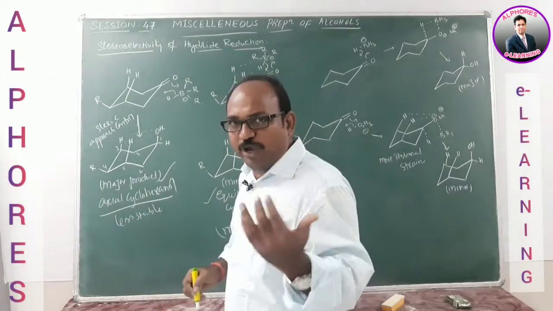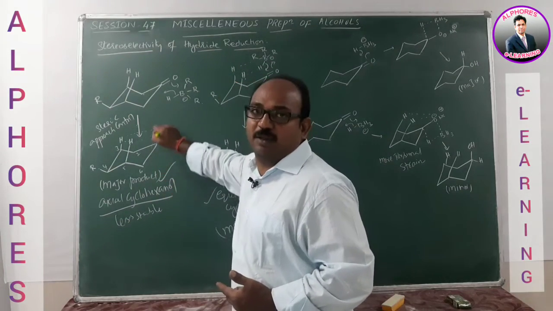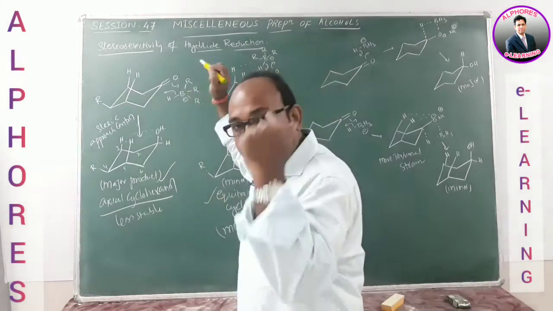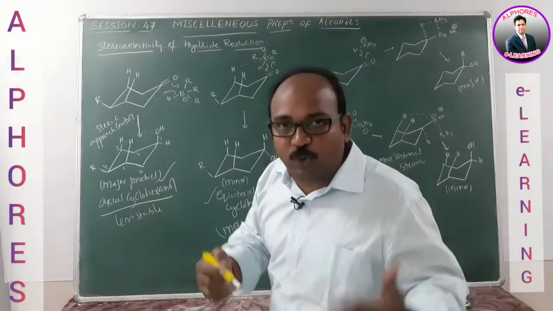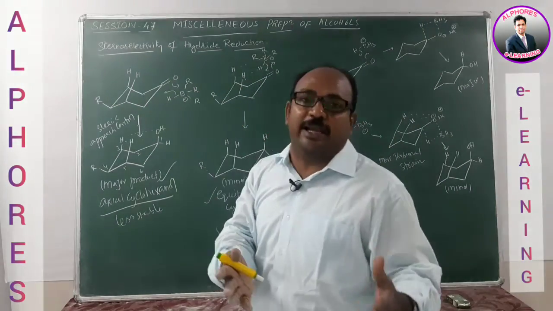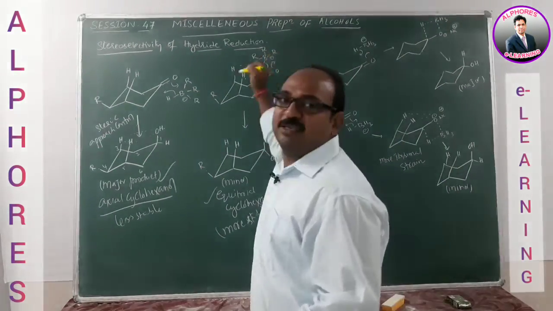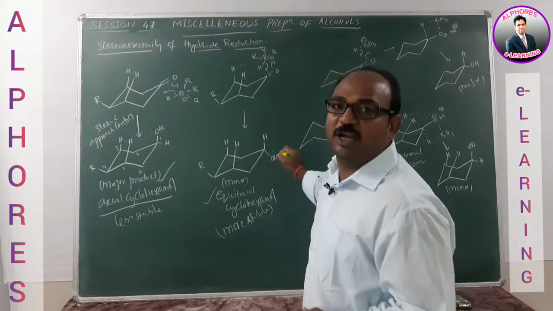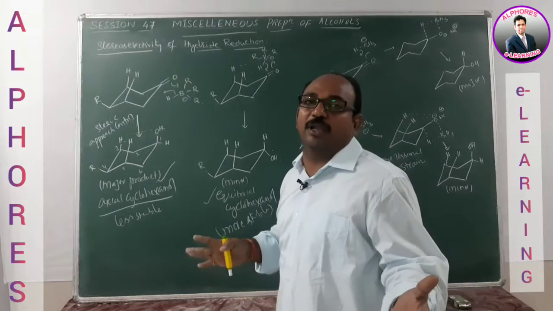As a result, the formed OH comes to the axial position. In the second path, if the attacking reagent approaches along the more hindered direction, along the axial direction, then the newly formed OH will come down here, what we call equatorial.